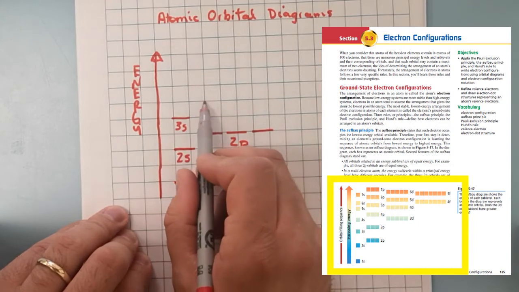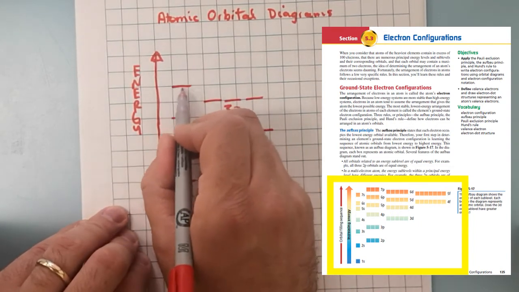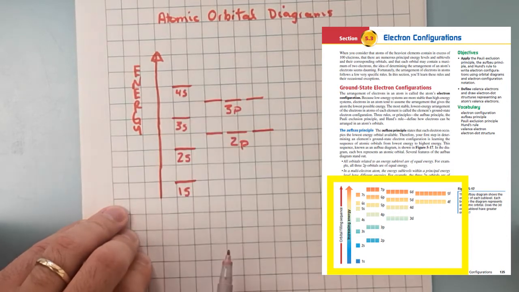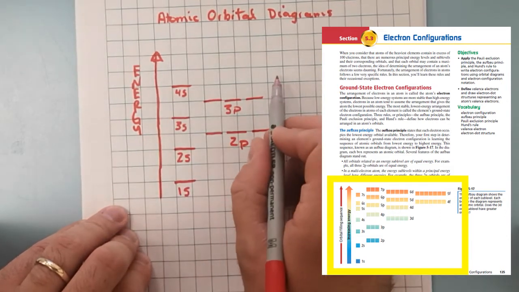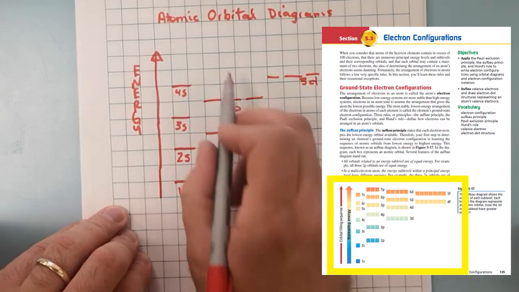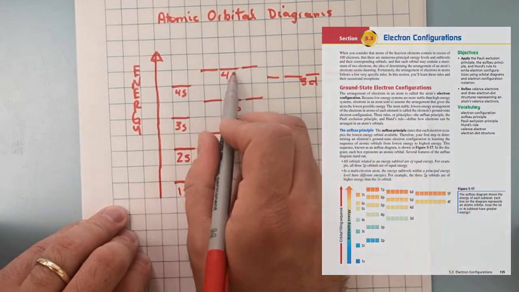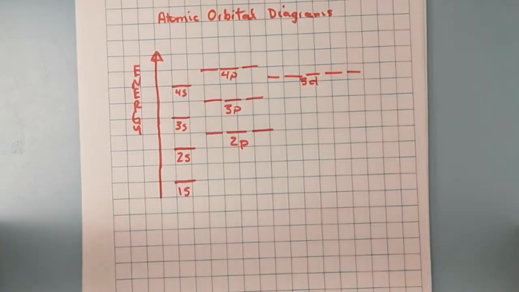After 3s, we have 3p. After 3p, we have 4s. After 4s, we have the 3d energy level before we have the 4p. This is an atomic orbital diagram as we see on page 135 of the Glencoe textbook.